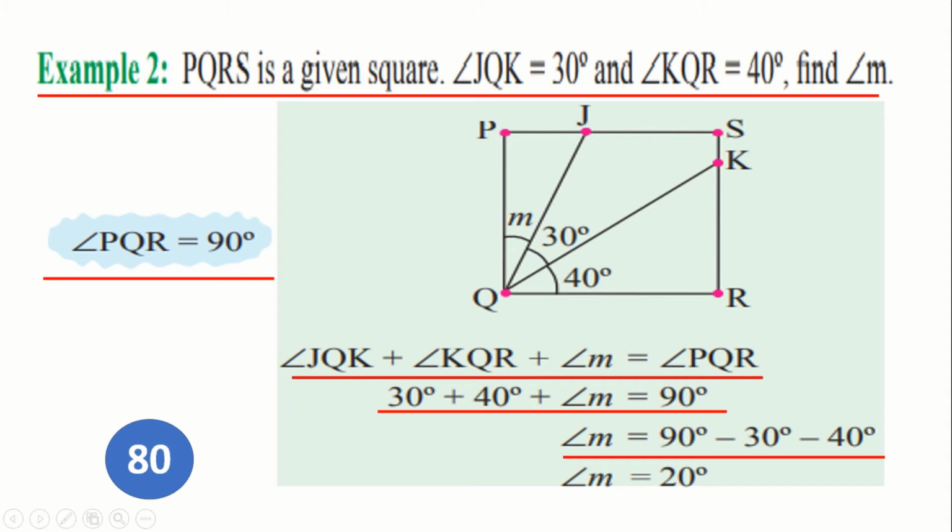If you add 30 plus 40 first, you get 70. Then 90 degrees minus 70 gives the same answer, 20 degrees. Okay, students? Very good.